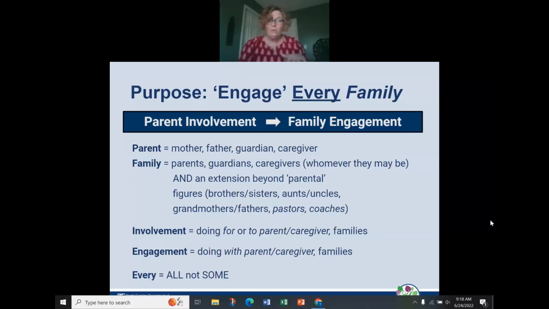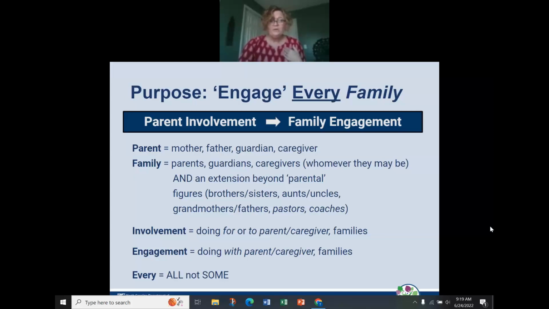Parent has always implied those in leadership roles or responsibility roles, the mother, the father, a guardian, caregiver. But we know that a lot of our families have multiple mixtures of those in the lives of the students that we serve. And in some cases, combinations of these exist or they simply don't exist at all.